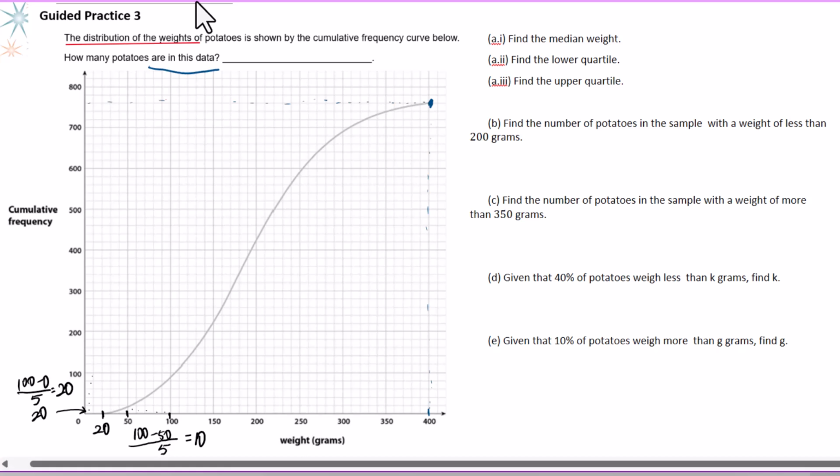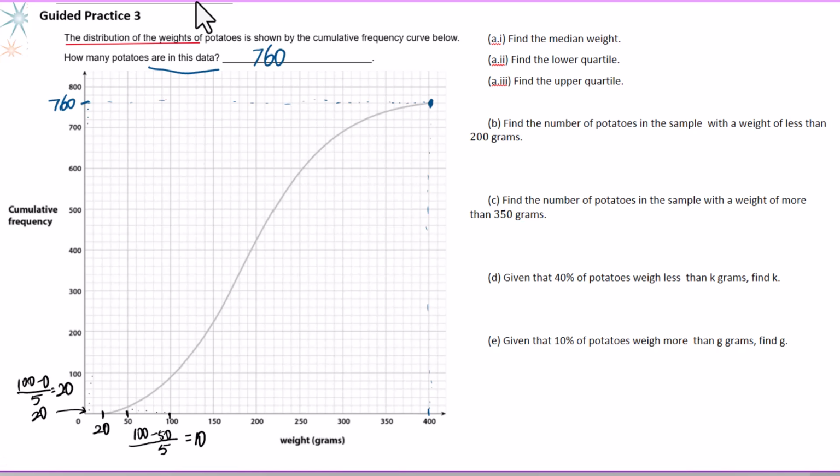Horizontally, this is 760. Each box is 20, so 760. In other words, there are 760 potatoes in this data set, not 800.